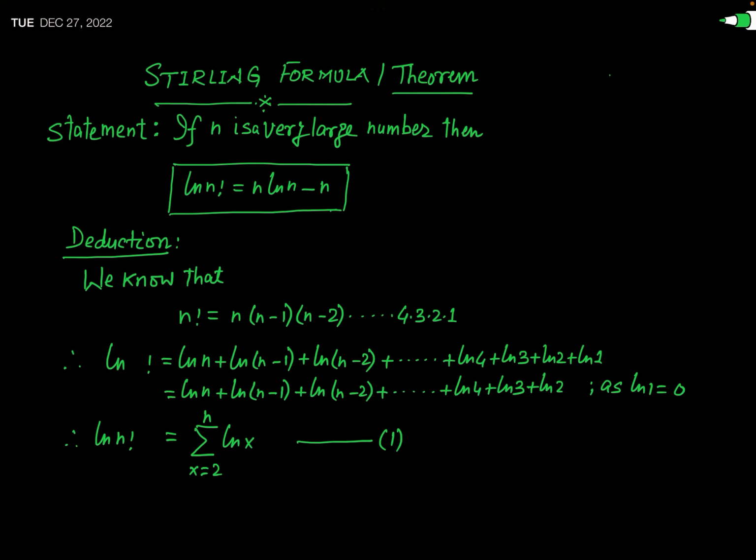As you know, if n is a number, then n factorial is equal to n times (n minus 1) times (n minus 2) and so on, times 3 times 2 times 1. Now if n is a very large number, as in statistical mechanics, where we always talk about a system consisting of a large number of particles, we will definitely encounter very large numbers.